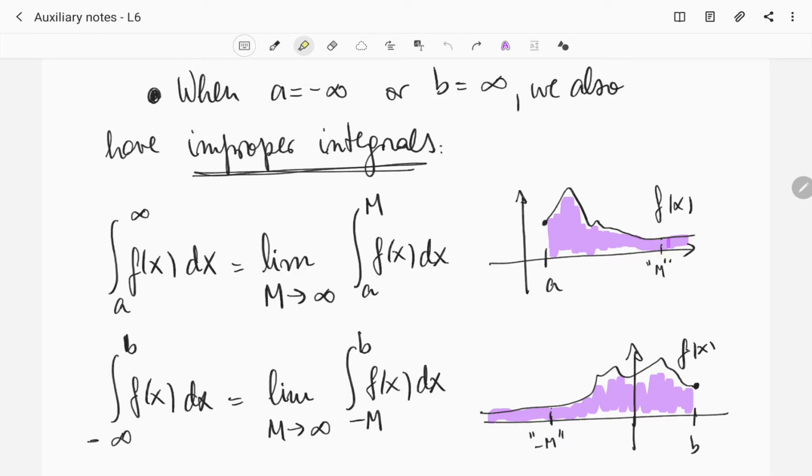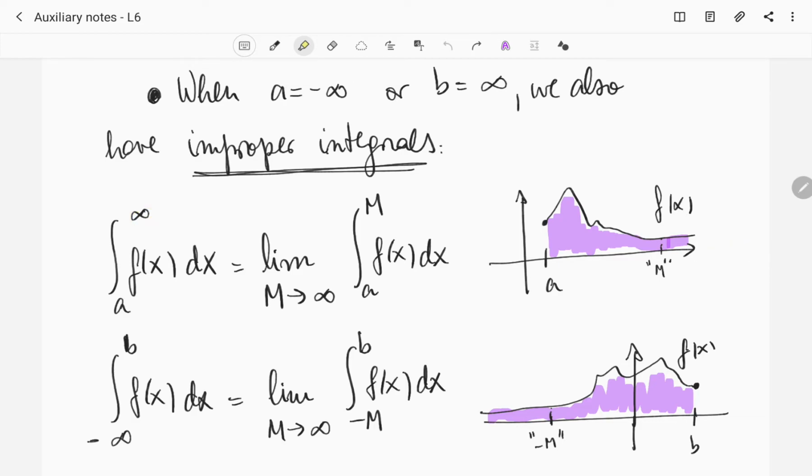So what we have here is exactly this graph that we have next to the definition of the integral. We have a function f, we have a starting point a, and then we have infinity, let's say, which is like here, in the future.